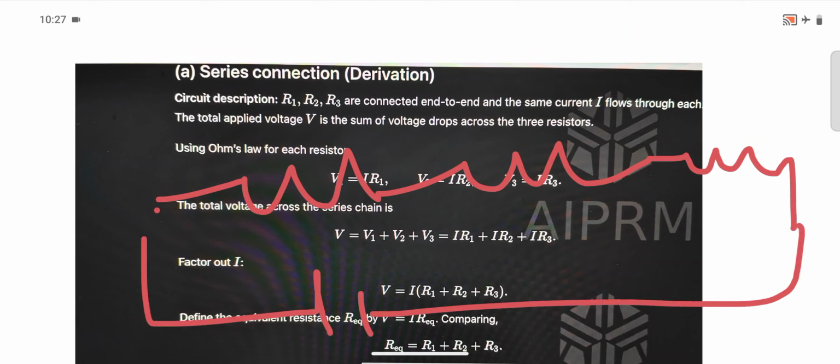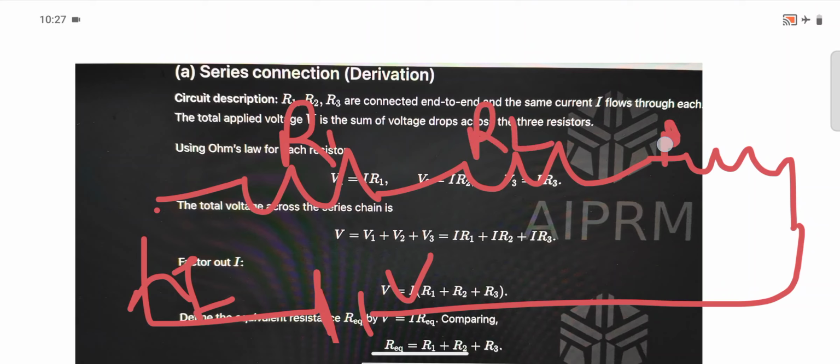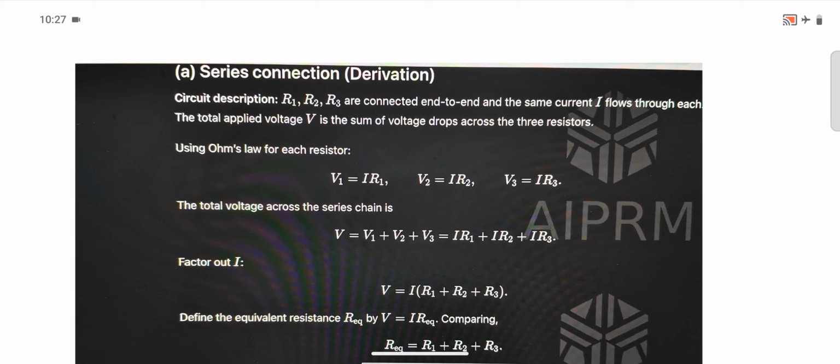Voltage supply, current I, R1, R2, R3. Circuit description I already showed you.